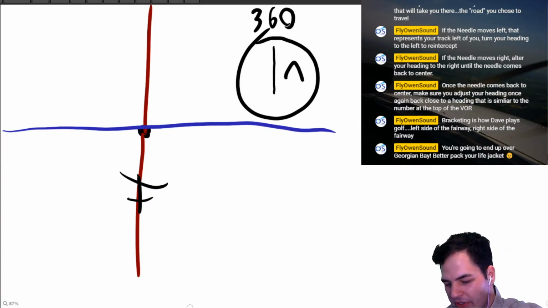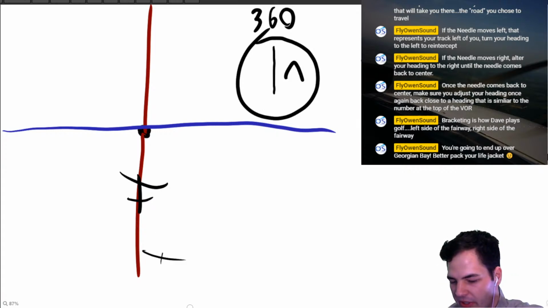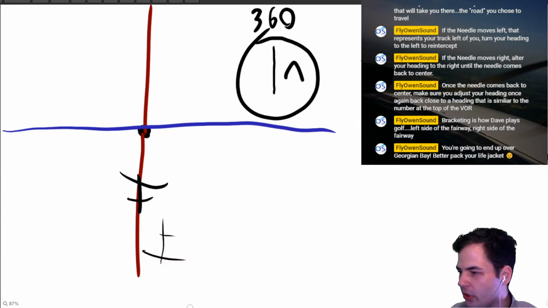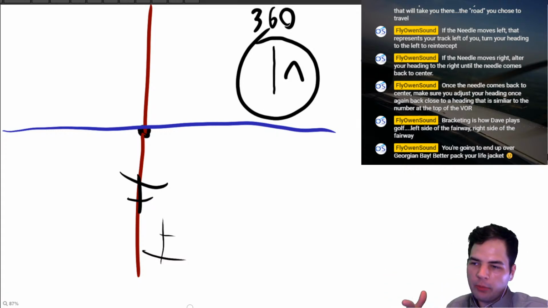Now, what if I was pointed the opposite direction? Say the needle's still close enough to center, but I'm pointed the opposite direction. It's still a to indication, because remember, the heading hasn't changed it, but it could help you to visualize it.